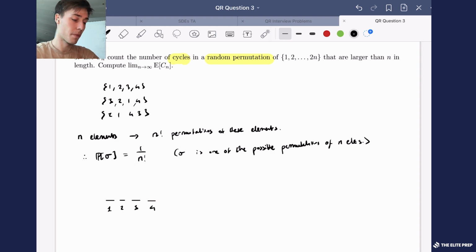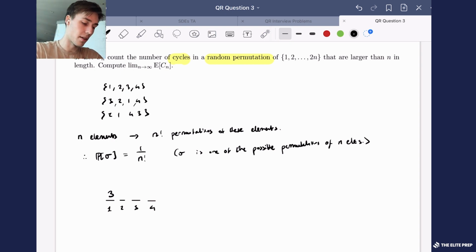Now, when we have a cycle, we have a situation where, for example, if you're in the first index, and the first index has the element 3 in it, then the 3 will point you to the third index, and then from the third index, you'll decide where to keep going.